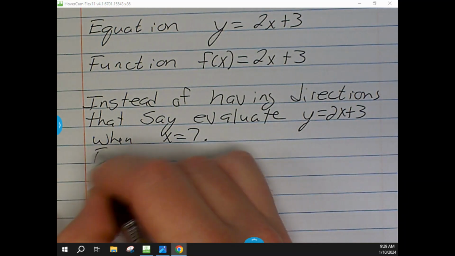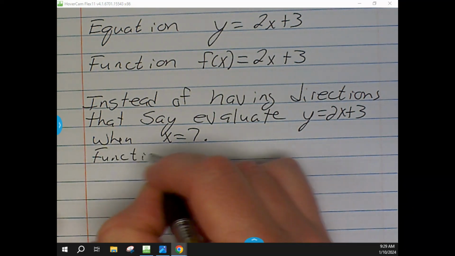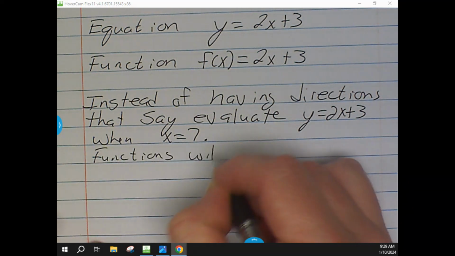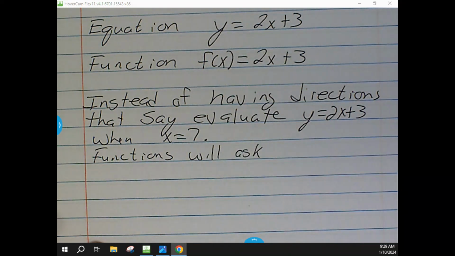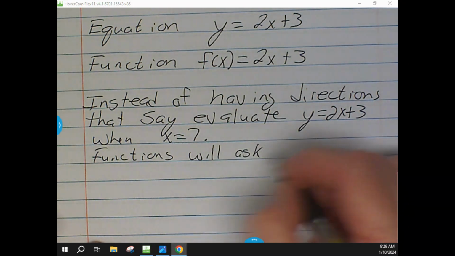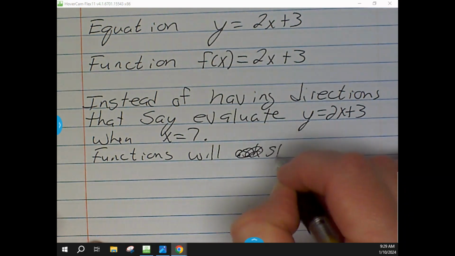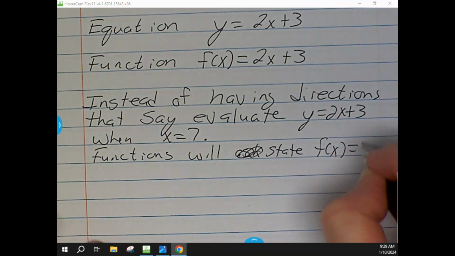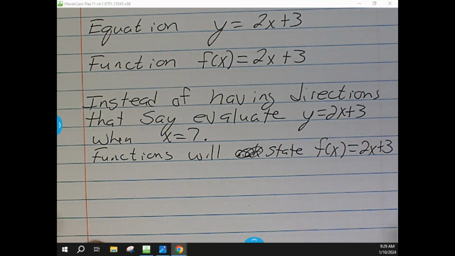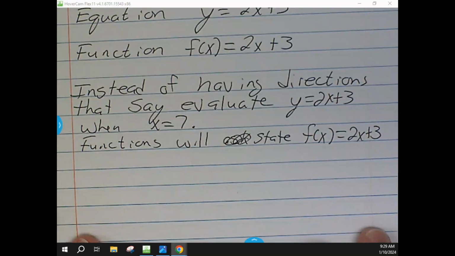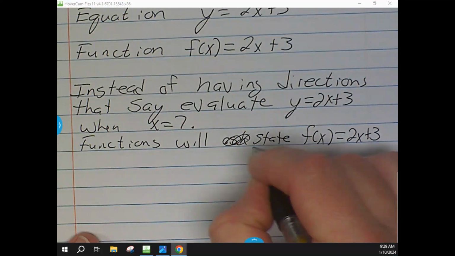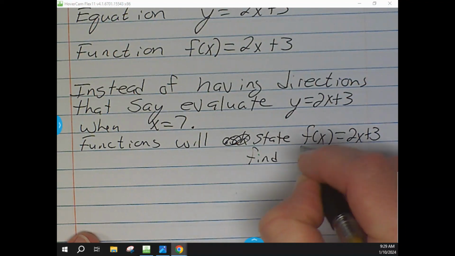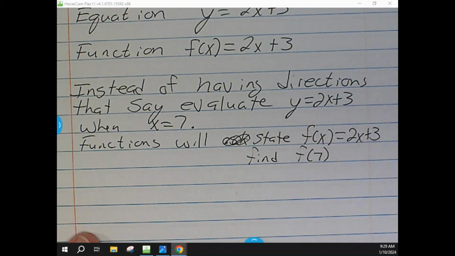Okay, so for functions, they'll state kind of the same thing. f of x equals 2x plus 3. And they're just going to say find f of 7.